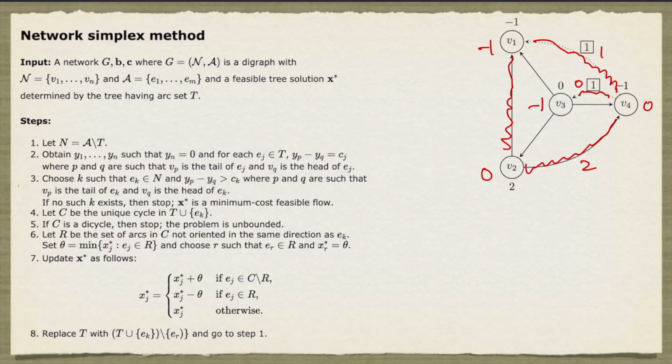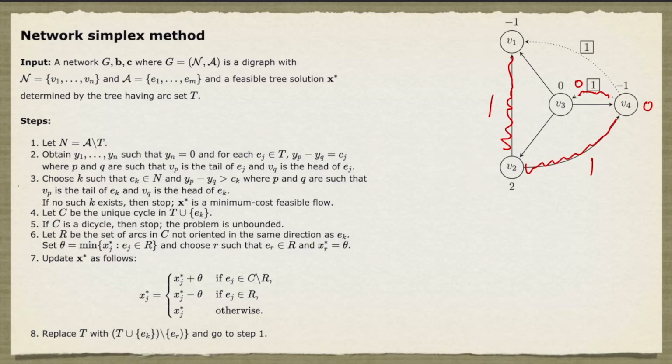So this will be the leaving arc. And theta will be 1. So after updating the flow, we'll get 1 on the arc V2, V1, 0 on the arc V4, V1, and so that leaves the arc V4, V3. And the flow value on the arc V2, V4 will decrease by theta, so it goes from 2 to 1.